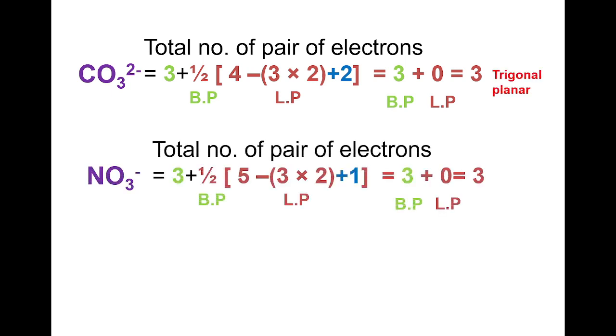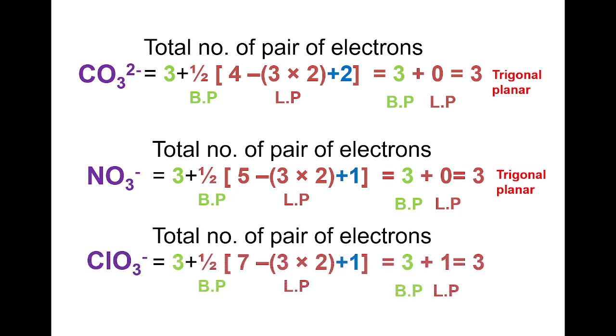Similarly, if you look at the structure of NO3 minus, 3 is the total oxygen, 5 is the outermost electron of nitrogen, minus 3 into 2, total oxygen 3 into valency of oxygen 2, here plus 1 because minus is there, so we have to add plus 1. So we'll get 3 bond pairs, 0 lone pairs, the shape will be again trigonal planar.